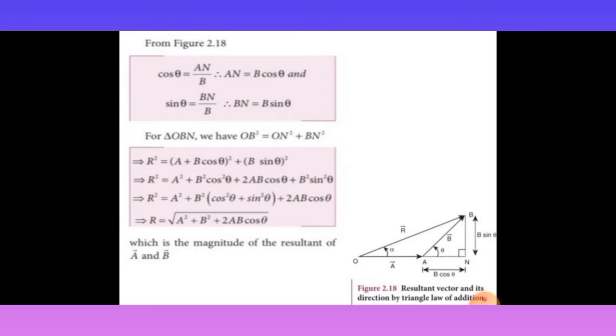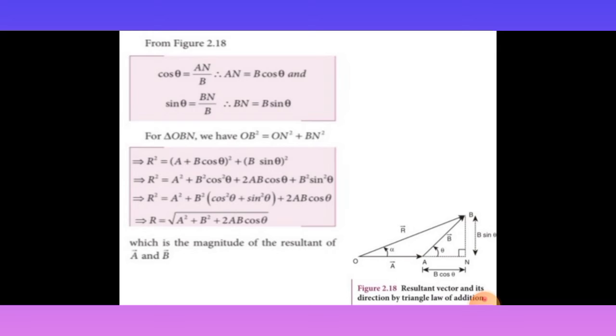Already you know the value of OA, that is the A vector, and we calculate the value of AN. So we can write R square is equal to (A plus B cos theta) whole square plus BN square. BN square means, here we already calculated the value of BN. BN is equal to b sin theta. So that is (b sin theta) whole square.